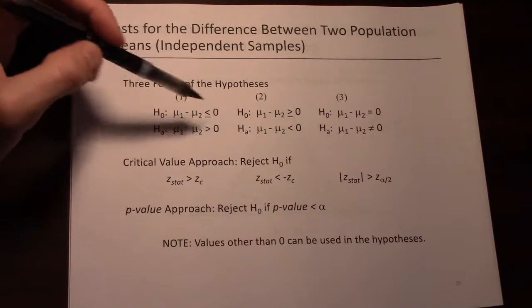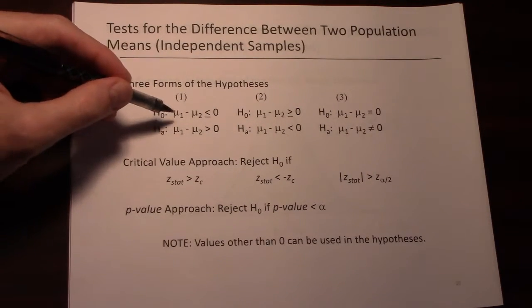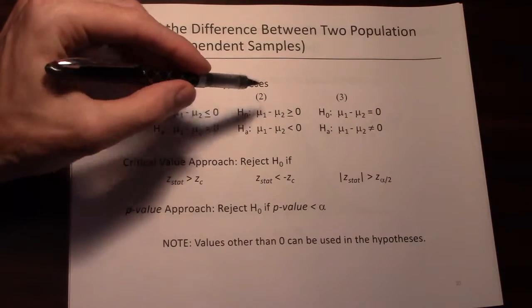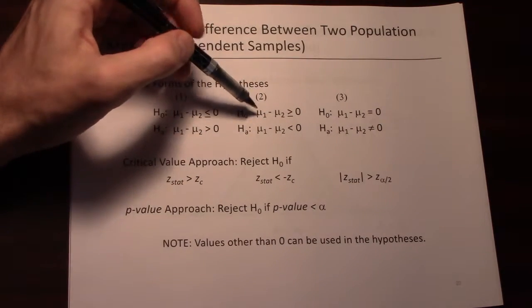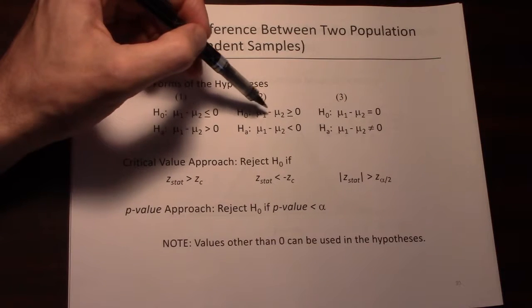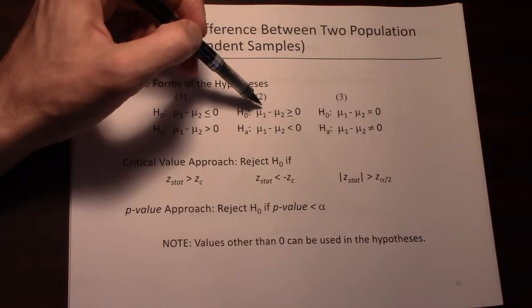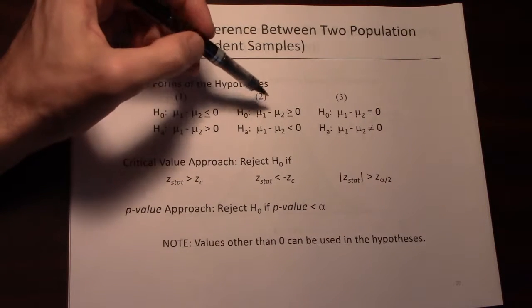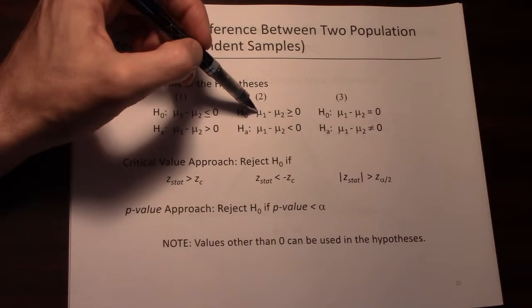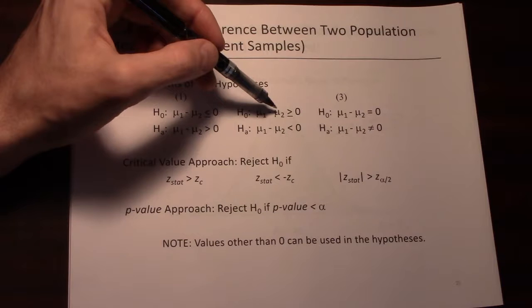Okay, and then one-tailed tests would be some sort of assumption. Let's go with this number 2 because I think that's going to be easier to understand. This null hypothesis: the population mean 1 minus population mean 2 is greater than or equal to 0. So that means it's a positive number. So income in town 1, we think it's 70,000. Income in town 2, we think it's less than that. Maybe it's 69,000, maybe it's 50,000.